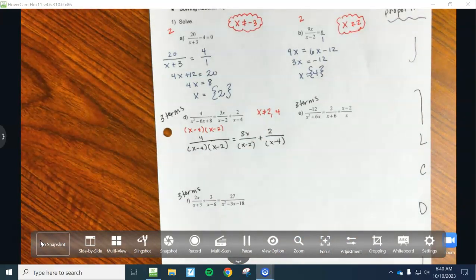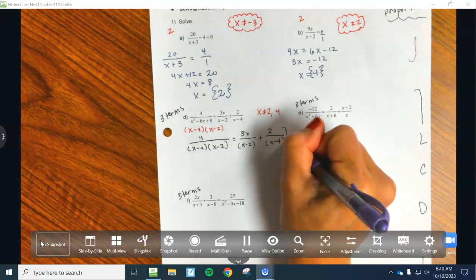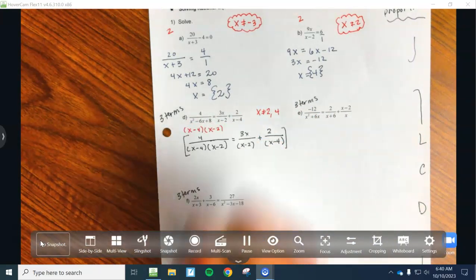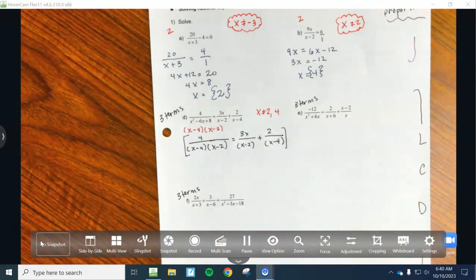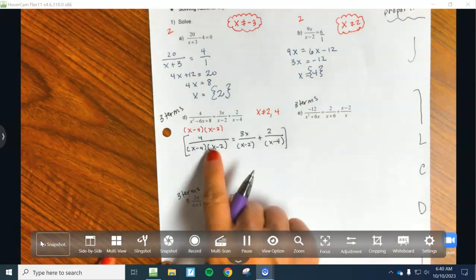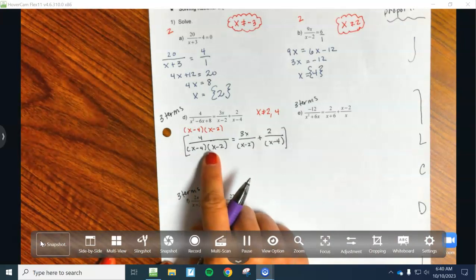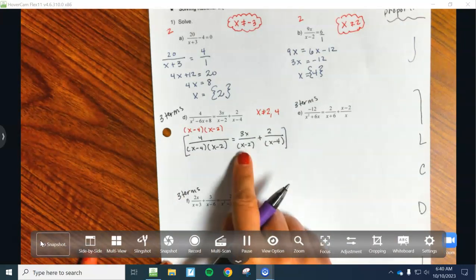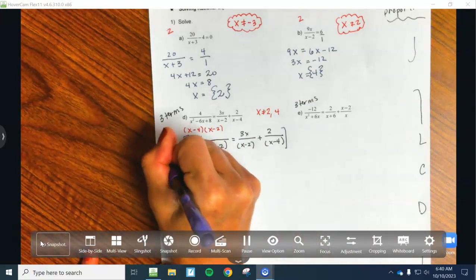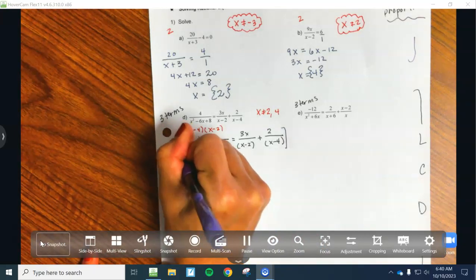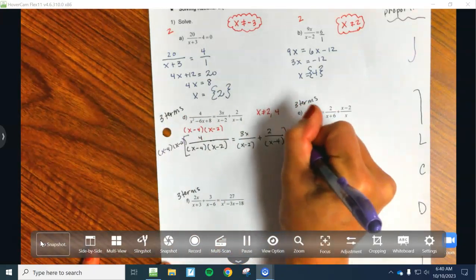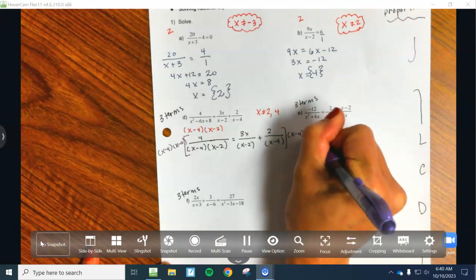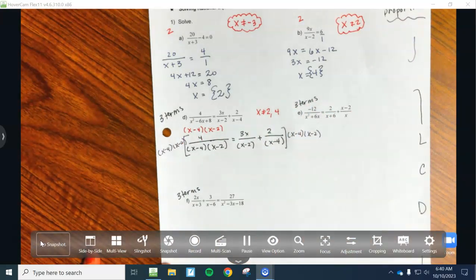Okay, so now I'm going to put brackets around the entire equation because remember, we're going to be multiplying by the LCD. So we're going to multiply both sides by the least common denominator, which are each of these factors. So let's write x minus 4, x minus 2 on both sides.